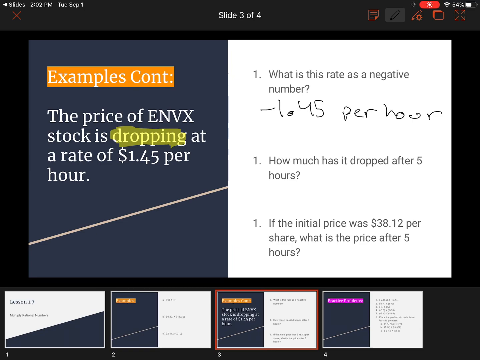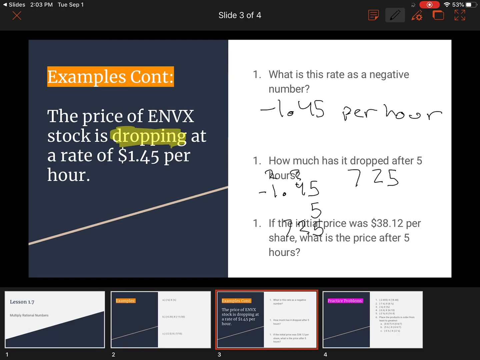Now how much has it dropped after 5 hours? So we're going to just want to multiply this by 5. All right, so 5 times 5 would give us 25. Running out of room here. Just write it here. 25, we'll carry the 2. 5 times 4 would give us 20, plus 2 would give us 22. We'll carry the 2. Now 5 times 1 would be 5, plus 2 would be 7. So we would get a 7, 2, 5.